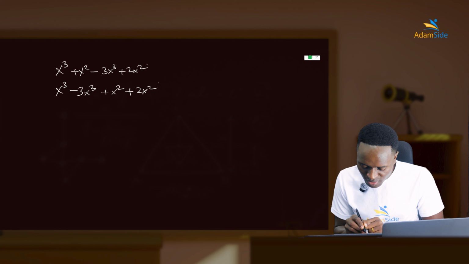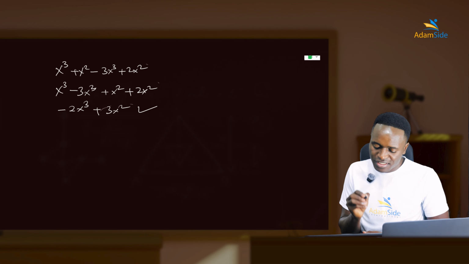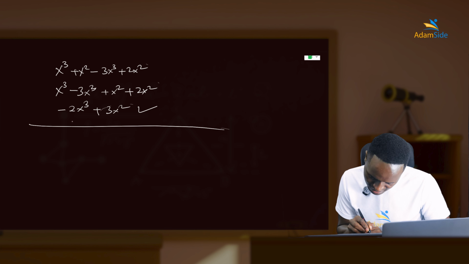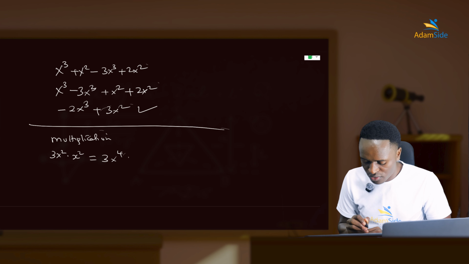So it's a bit different. Here you say minus 2x cubed plus 3x squared. You have seen that. But if it's multiplication, it is a bit different, because if you say 3x squared times x squared, this will be 3x to the power 4. So mark the difference.